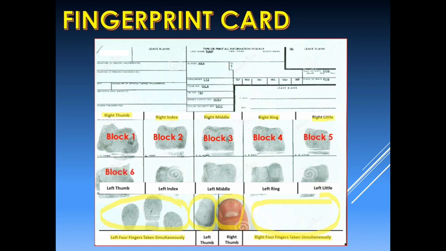Block 6 will be for the left thumb, block 7 for the left index, block 8 for the left middle finger, block 9 will be the left ring finger, and block 10 will be the left little finger. So these 10 blocks will now be the focus of the Henry classification system.